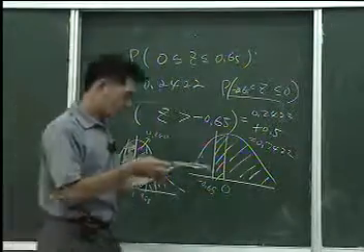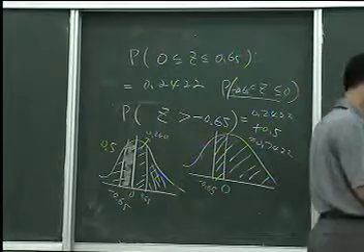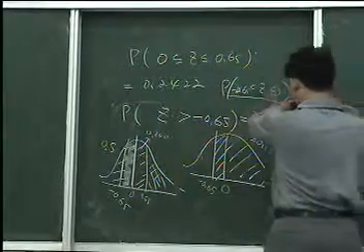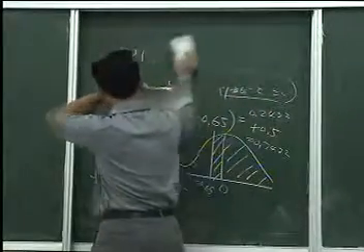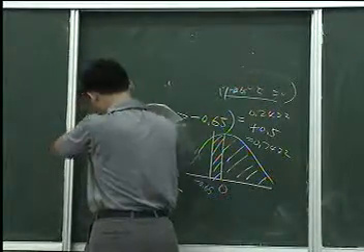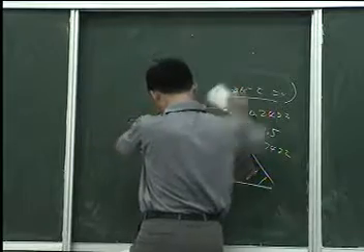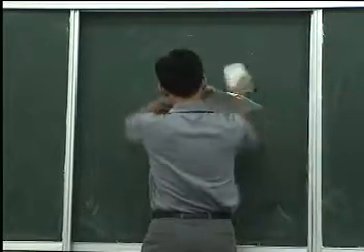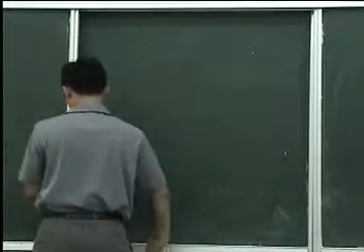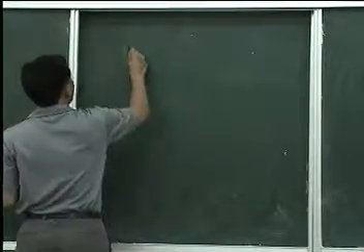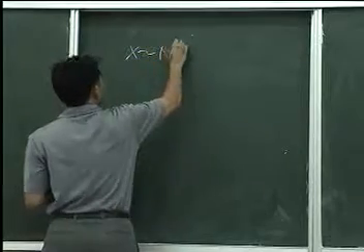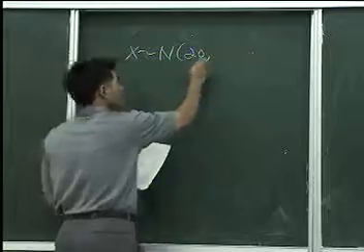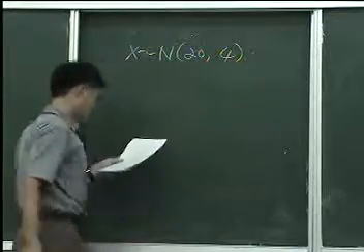So now let us get to some examples. Let us say X is a normal distribution. The mean is equal to 20. The variance is equal to 4.